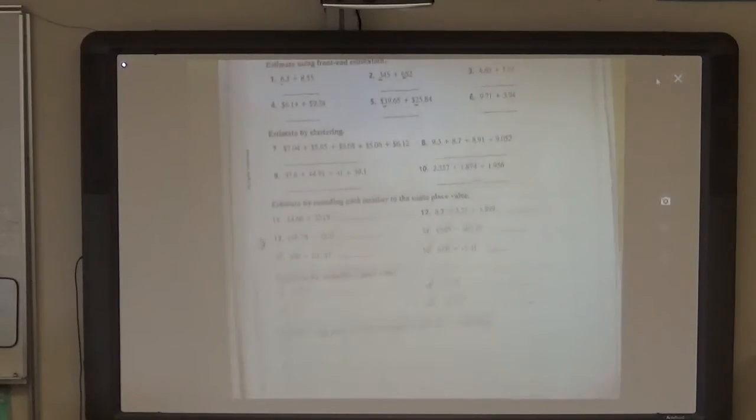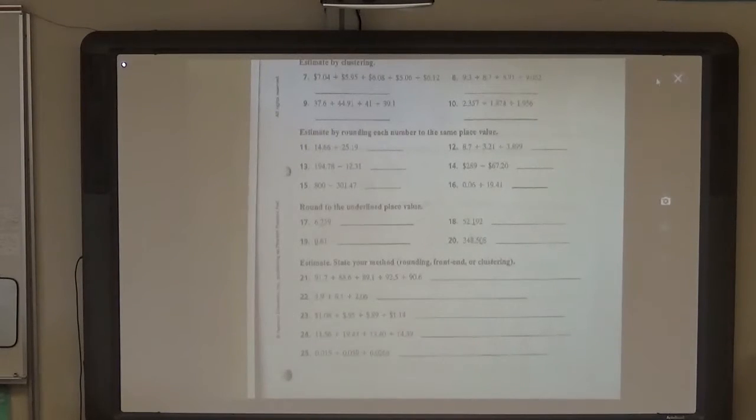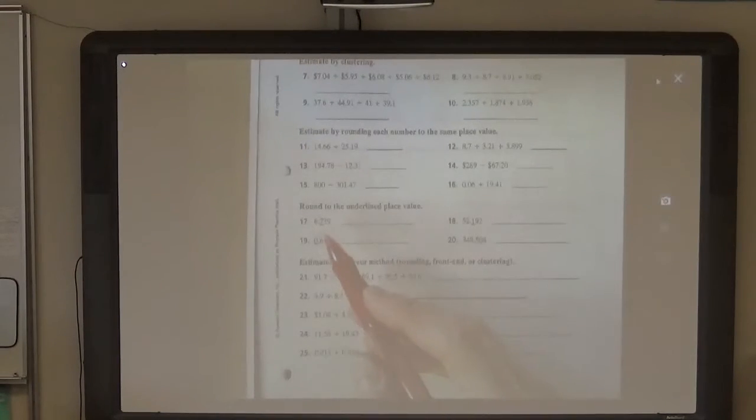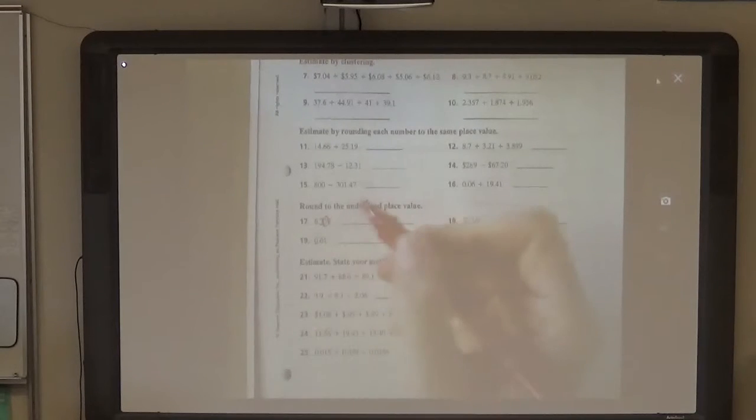What about rounding to the underlined place? Let's review that again. How do you round something to the underlined place or the indicated place? In this case, rounding it to the nearest tenth. Roy? You see what the number to the right is, and if it's 5 or bigger, then it's one more than it was.